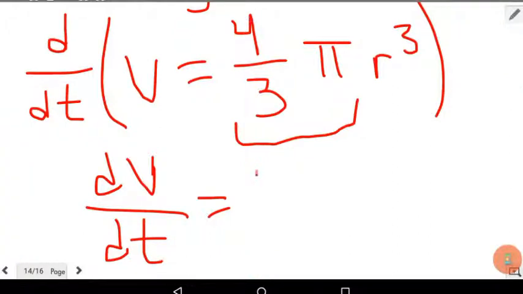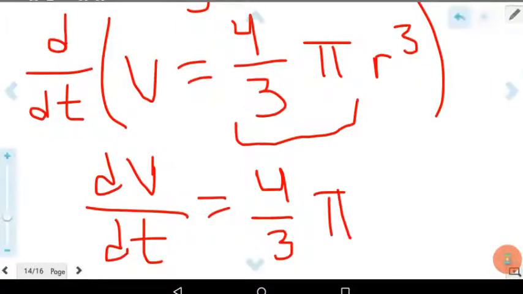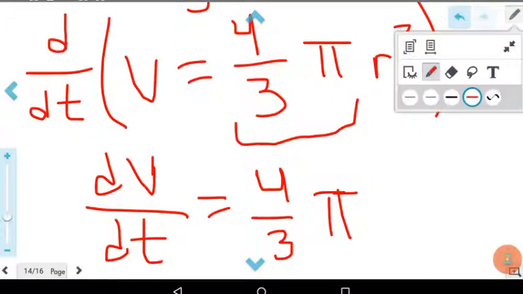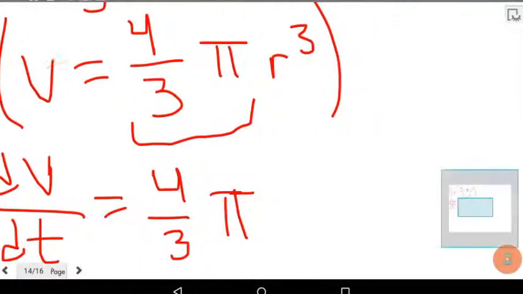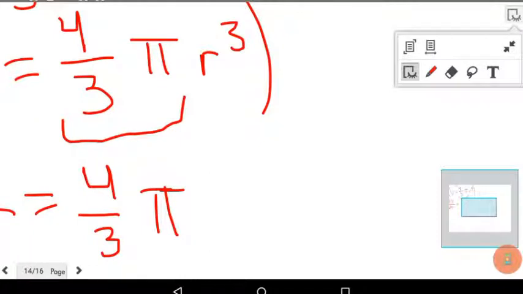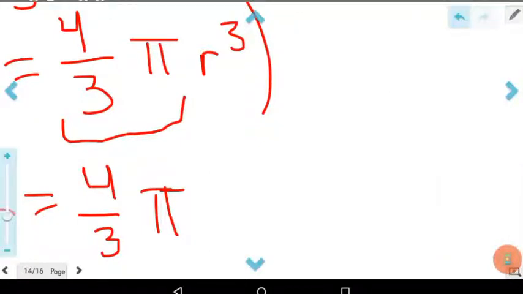Pi is just some number. 4/3 is just some number. 4/3 pi is just a constant. So that's just going to carry through into our derivative, because with the derivative of some constant times our variable, that constant can just stay in front and carry through like that. So now when we're taking the derivative of r cubed, that's where the chain rule is going to come into play.